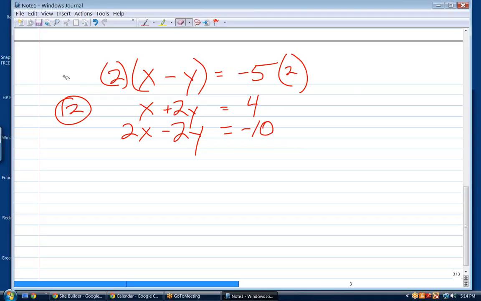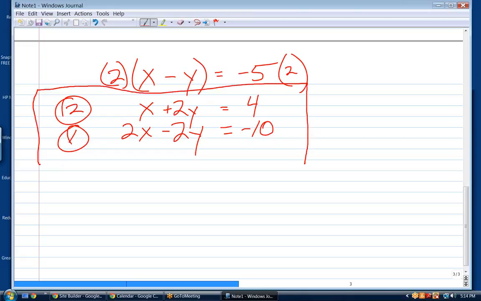Okay, so now this becomes our new equation 1. And now we're going to operate on these. Remember, I didn't change anything. I just multiplied both sides by 2. And now notice that we can add these two equations, which is far simpler than subtracting equations.